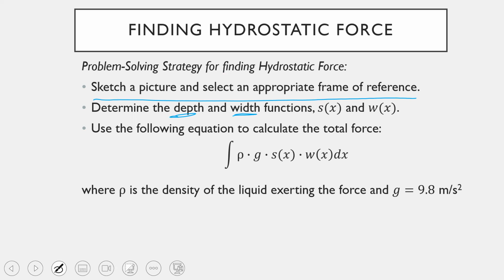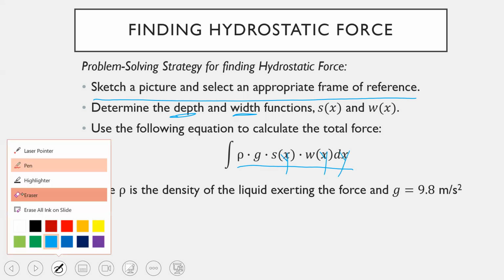Once we have those, we use this integration formula, which is this value rho times g times that depth function times that width function. And it says s of x, w of x, and dx, but this can really also be s of y, w of y, and dy, depending on the situation.